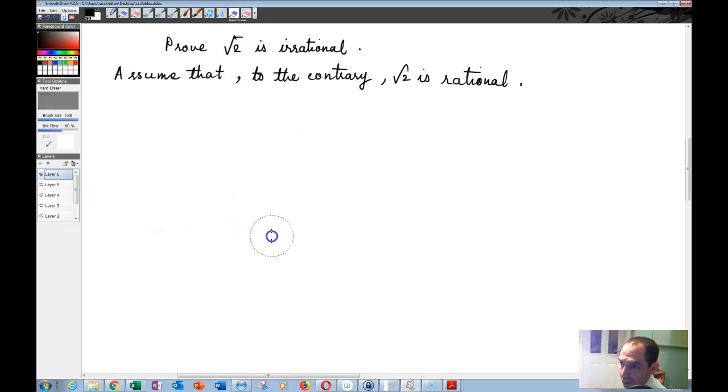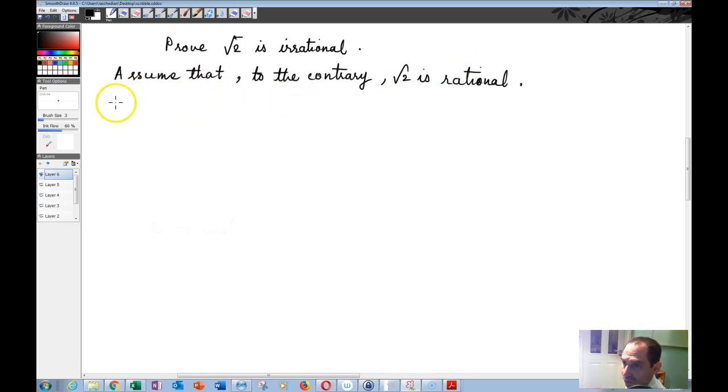Now we use this definition in this proof in order to prove that the square root of 2 is irrational, and we have assumed to the contrary, meaning contrary to what we wanted to prove, that the square root of 2 is actually rational.